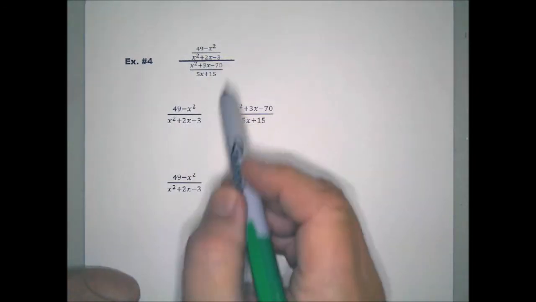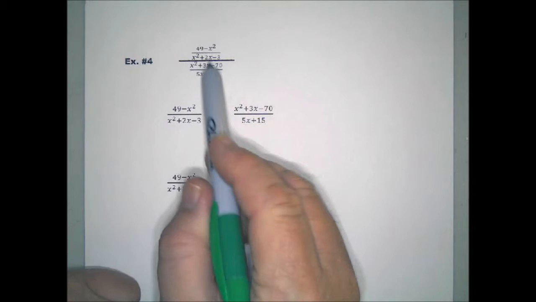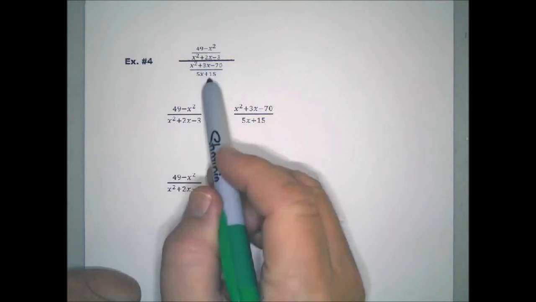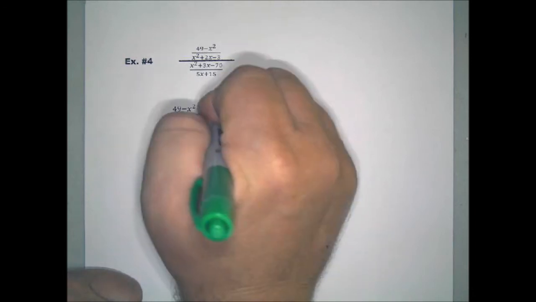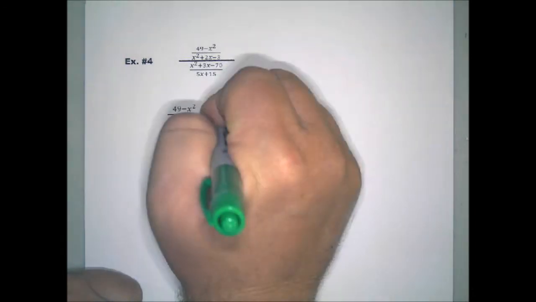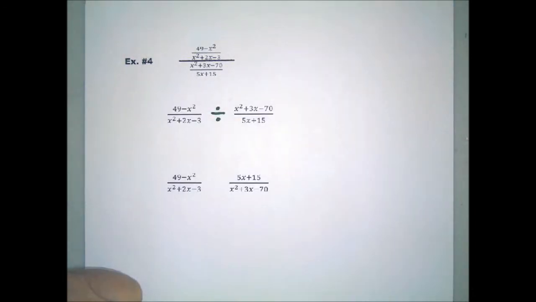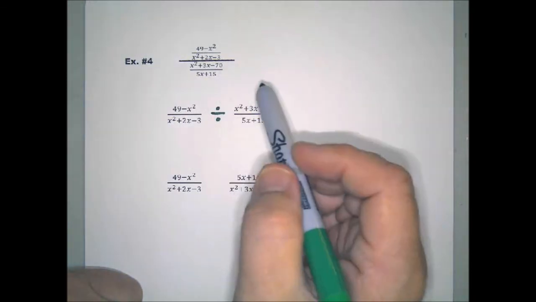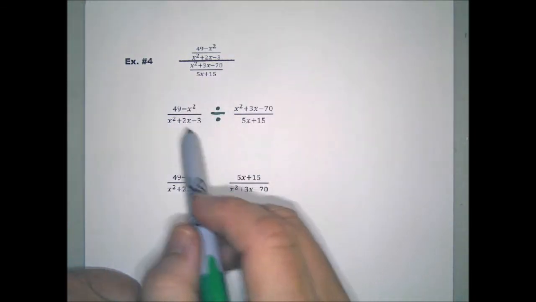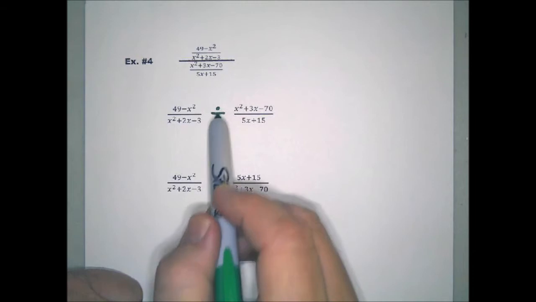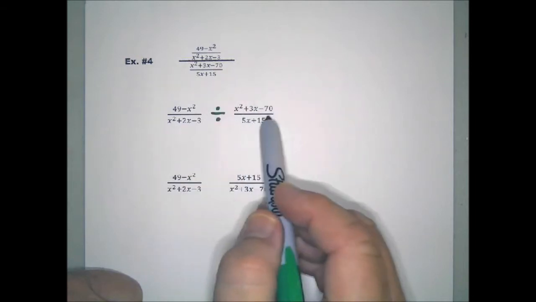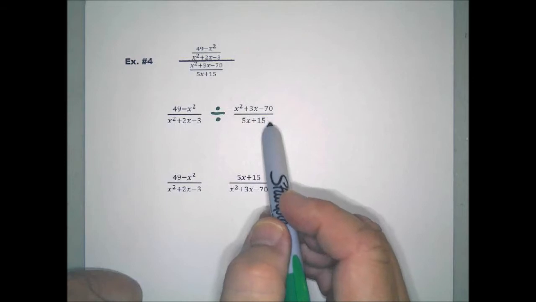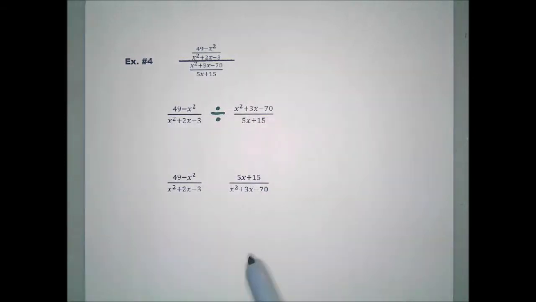So I'm going to turn this from a vertical fraction problem to a horizontal division problem simply by doing that. I've got 49 minus x squared over x squared plus 2x minus 3 divided by, and then the denominator, x squared plus 3x minus 70 over 5x plus 15.